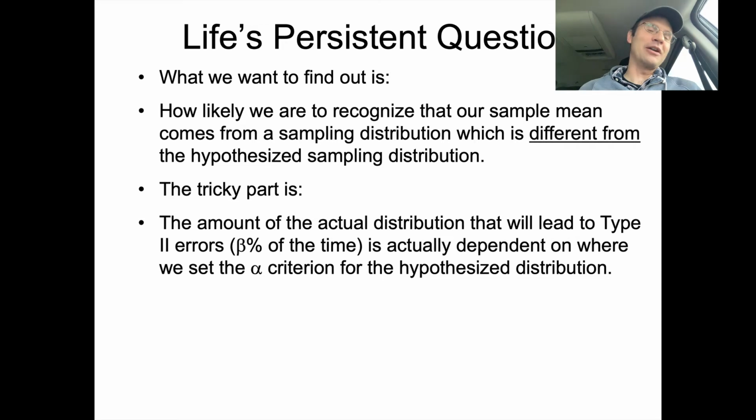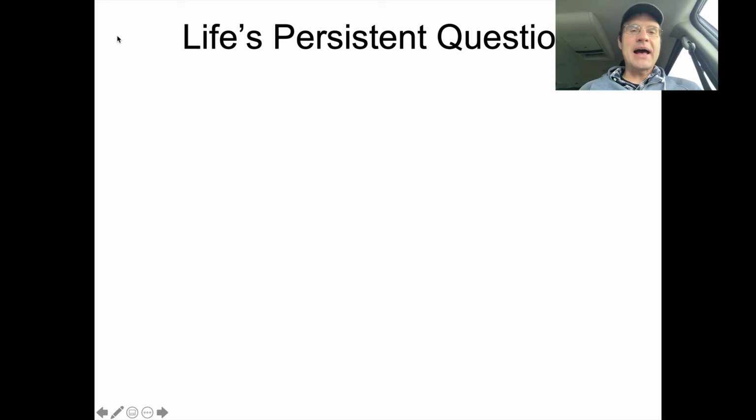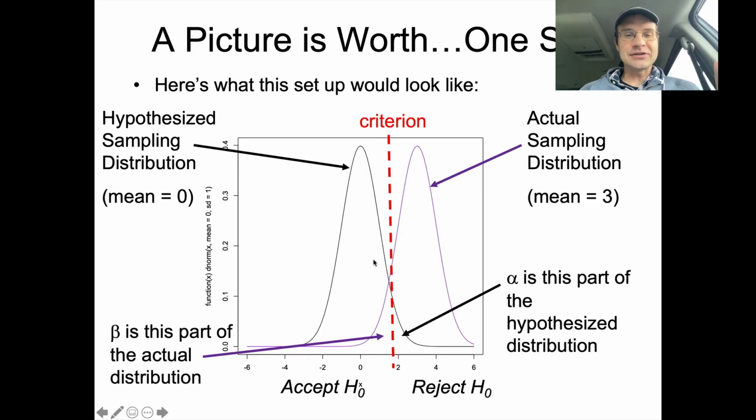And the tricky part of answering that question is that the amount of the actual distribution that will lead to type 2 errors, beta % of the time, is actually dependent on where we set the alpha criterion for the hypothesized distribution. So it's not strictly about the reality of the situation here. It's not all about what this purple distribution is doing in terms of either its mean or its standard deviation.